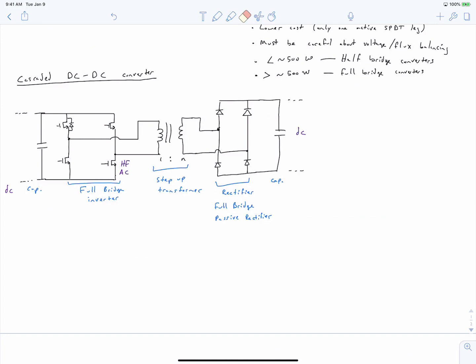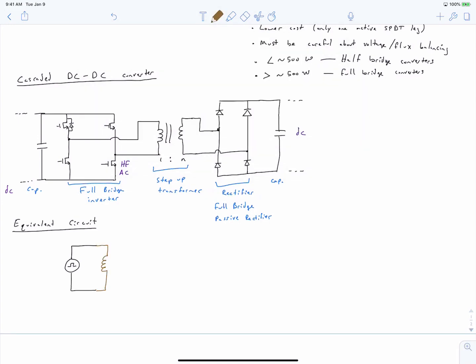Let's now sketch the equivalent circuit of this system. Our left side to the bridge inverter can be summarized as being a square voltage wave source, and then attached to the equivalent circuit of a transformer. Notice that in the equivalent circuit of the transformer, I'm including the series leakage inductance on the secondary.